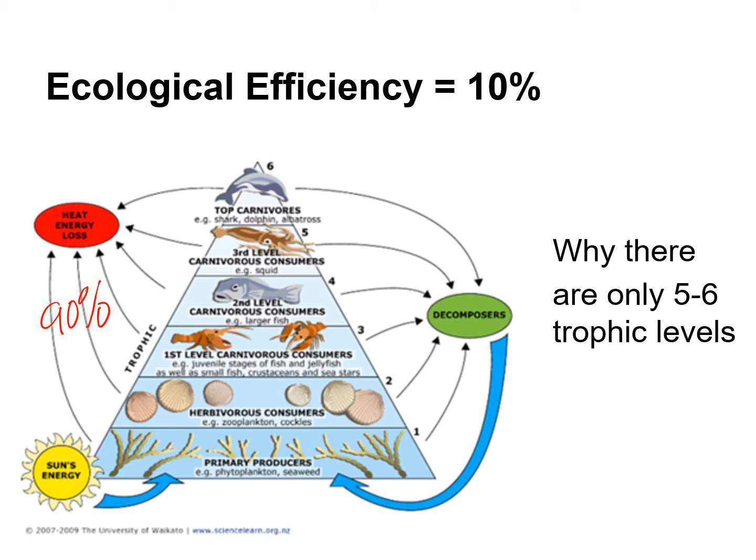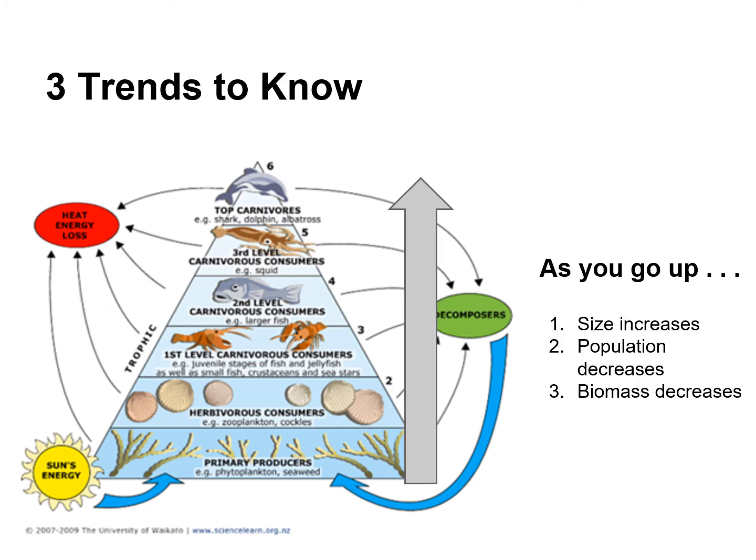And only 10% of the energy they consume is being used for those first level carnivorous consumers in this pyramid structure. So you obviously couldn't have this pyramid go on and on, because you're going to run out of energy pretty quickly, and things aren't going to be able to survive with so little energy at their disposal.